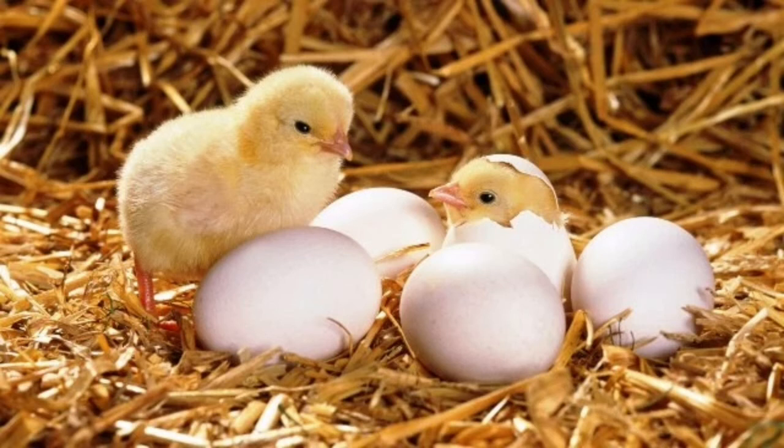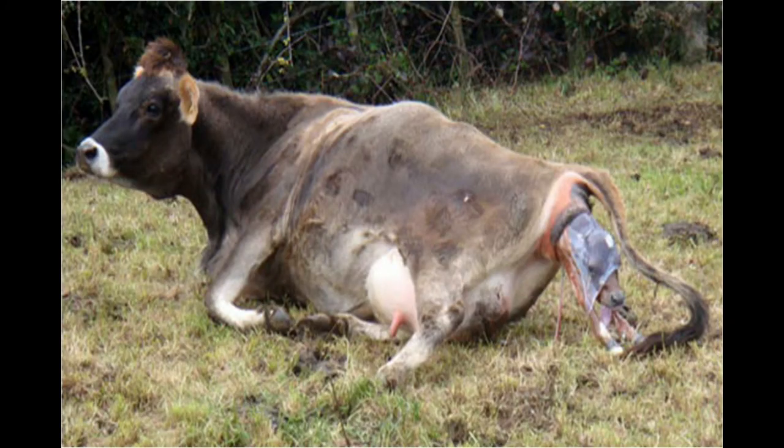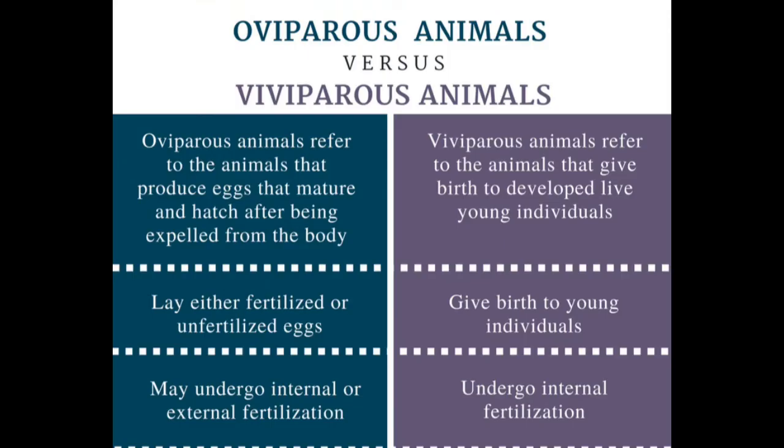On the other hand, in viviparous animals like mammals, including human beings, the zygote develops into young ones that are delivered out of the body of the female parent. The chances of survival of young ones are greater in viviparous organisms because of proper embryonic care and protection.